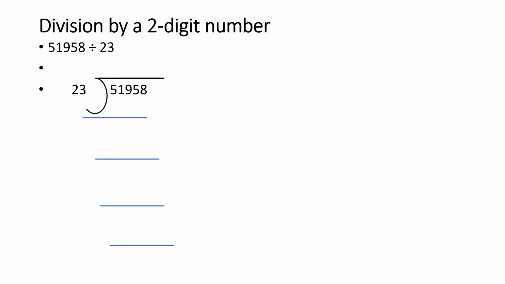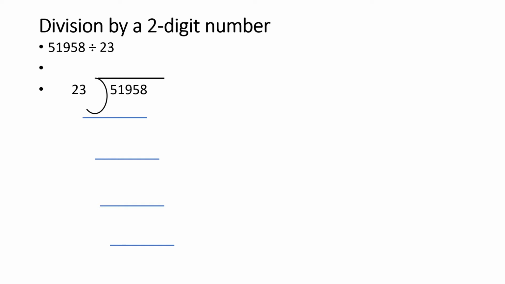23. Let us assume it is 20, a nearby number. Now, just ask a question: how many 20s can be fit in 51? Two 20s are equal to 40, three 20s are equal to 60, and 60 is greater than 51. That's why two 20s are equal to 40. Two 20s can be fit.